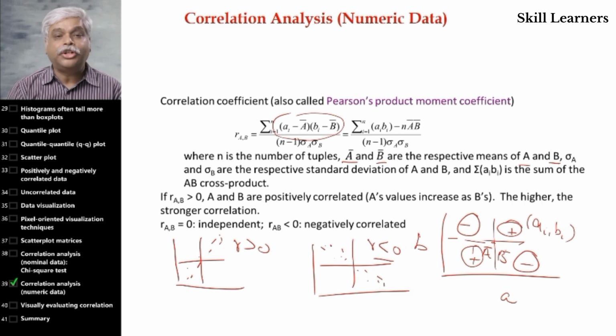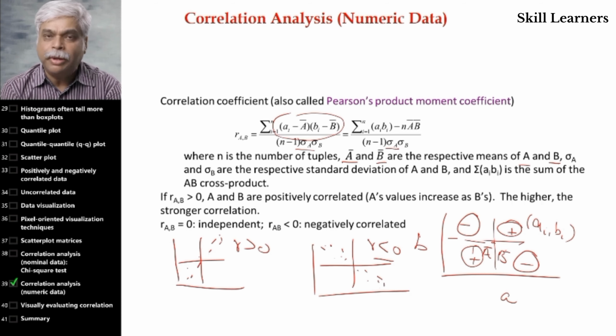This average is called the correlation coefficient. A little cleverness is done, and it is divided by the standard deviations, sigma A and sigma B. What this does is two things. Number 1, it removes the units of measurement. The unit of measurement of A times B is the product of the unit of A and the unit of B. So the value of R depends on the units of measurement.